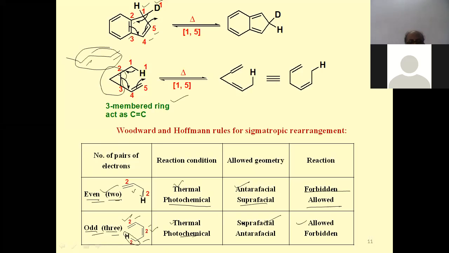All right, got my point? Now, suppose it is 1,7. The 1,7 system will be something like this. Suppose this is 8, then this is going to be 1, 2, 3.